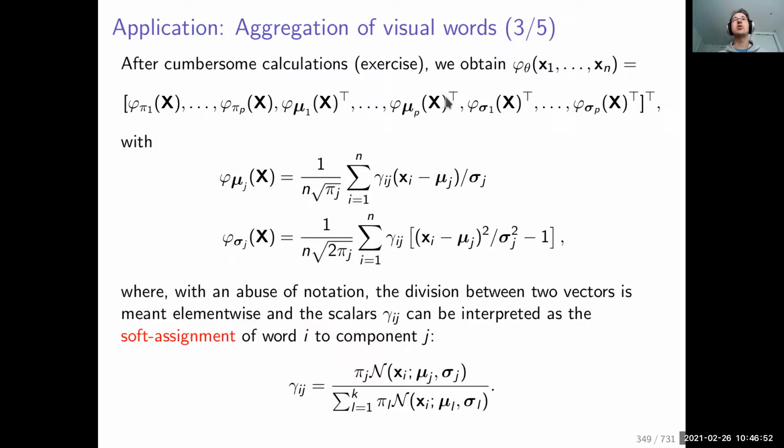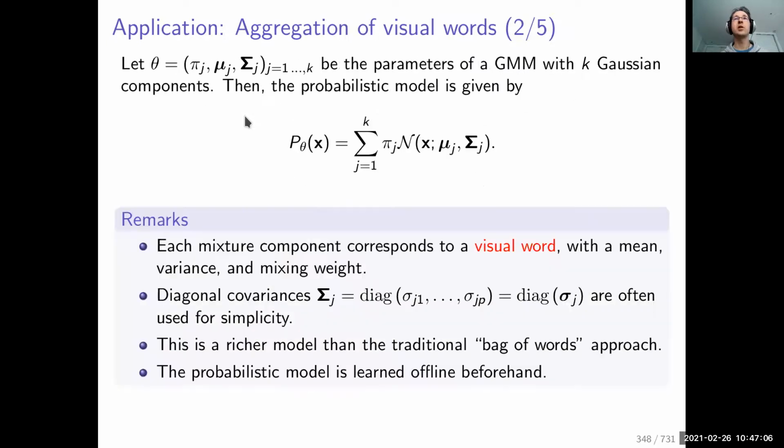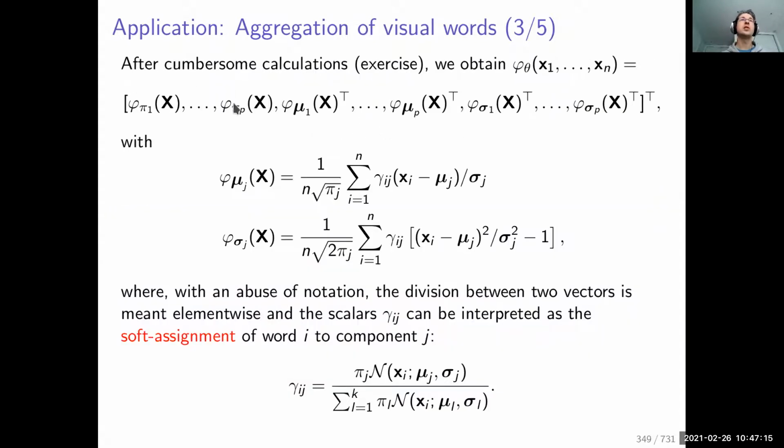We obtain a Fisher vector, which is equal to phi theta of x1 to xn. It contains many components. It contains components corresponding to the parameters pi 1 to pi p. Well, do I have p components? No, sorry, there is a small typo. I have, in fact, k components, but here I'm using p.